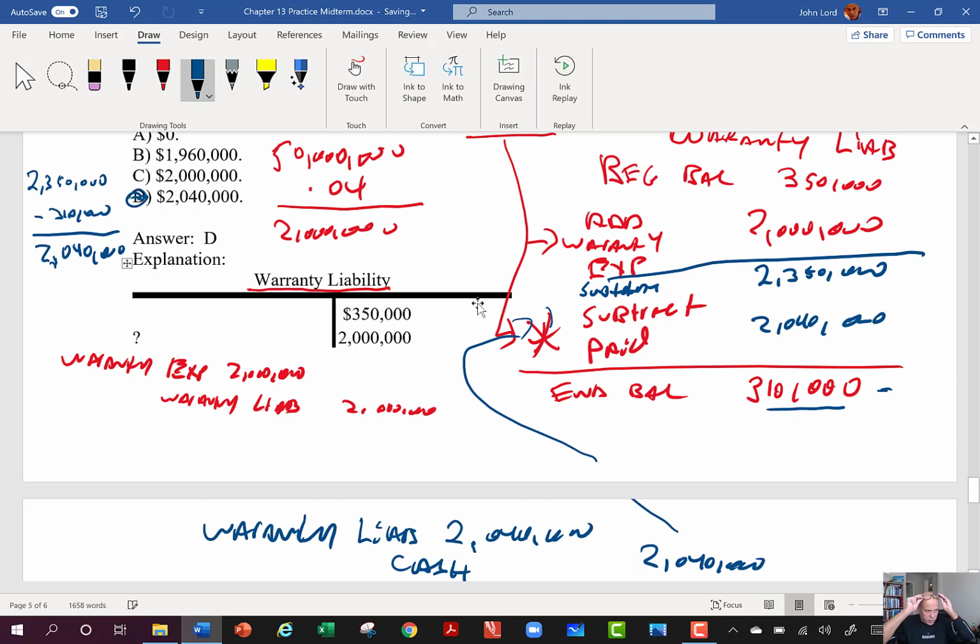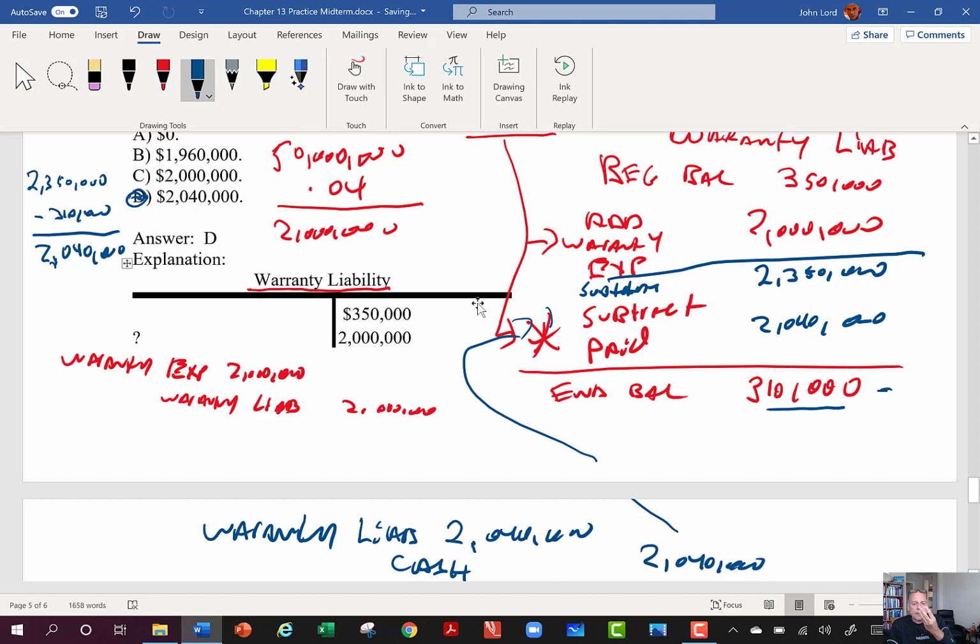So it's very similar to an analysis like you do with the allowance for doubtful accounts. With the allowance, you debit bad debt expense, credit the allowance, right? When the write-offs actually come in, you debit the allowance, and you credit, not cash like we're doing here, but the accounts receivable.